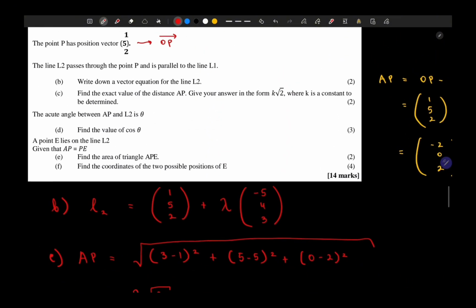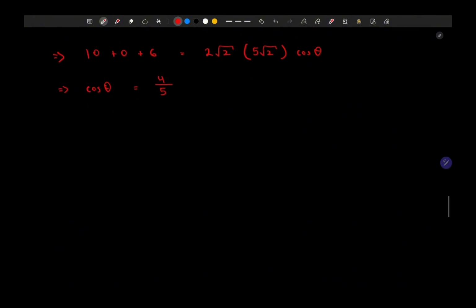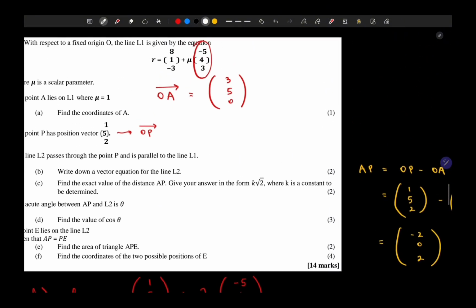Alright, now in the next question, a point E lies on the line L2 given that AP is equal to PE. So let's assume that this is the line L2, and let's assume that this is point A and this is point P. Oh wait, point A does not lie on L2, I guess.